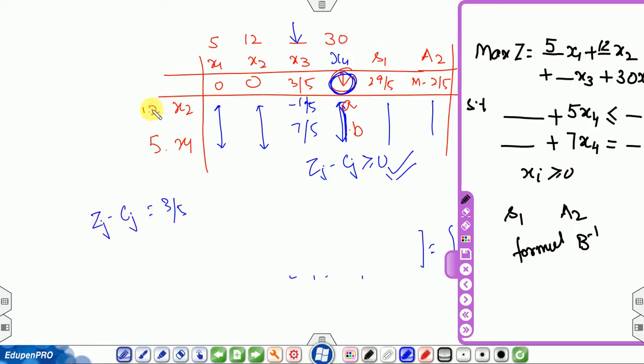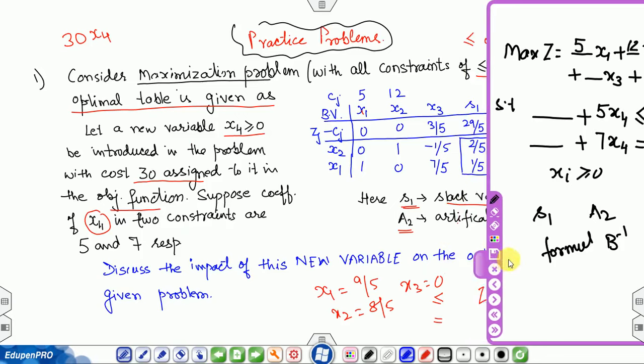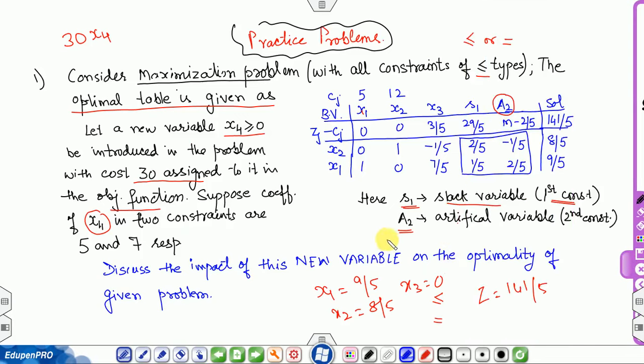So how do you calculate that? This is 12 into this plus 35 upon 5 minus this, which is called c3 because it is unknown, is 3 by 5. So after solving you will get c3. Okay, so this is the way to calculate the value of this.